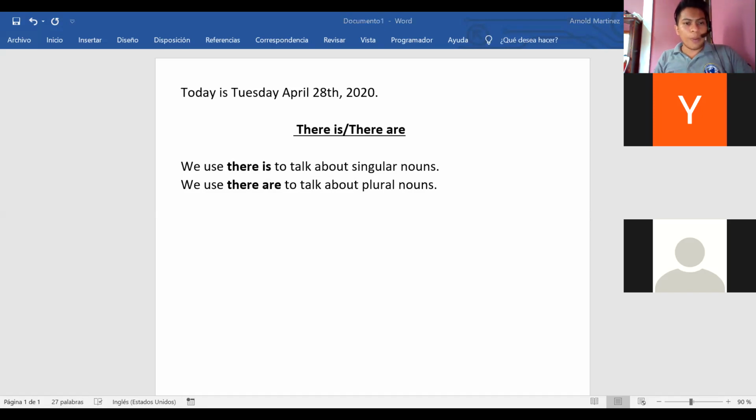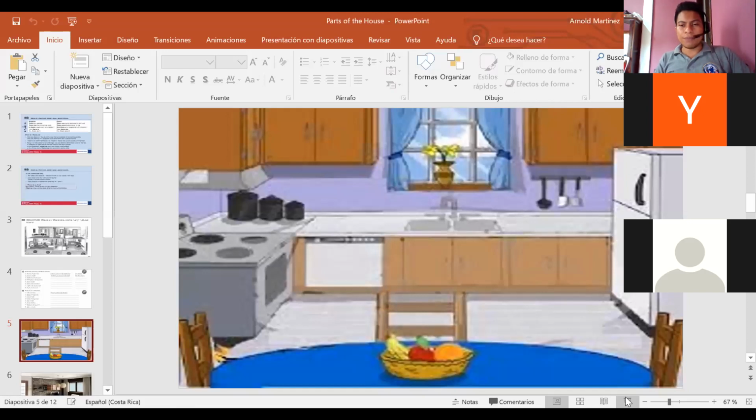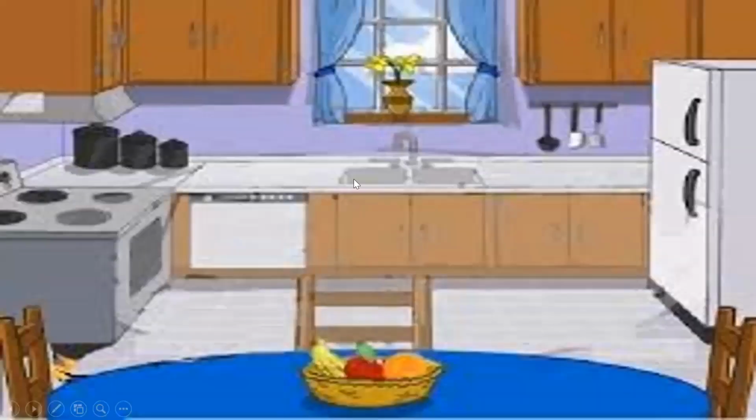Let's open again the same presentation of yesterday, which was about the parts of the house. What objects can you see here? We have, for example, the fridge, the dishwasher, a window, curtains, a door, chairs, table, stove, and so on, right?